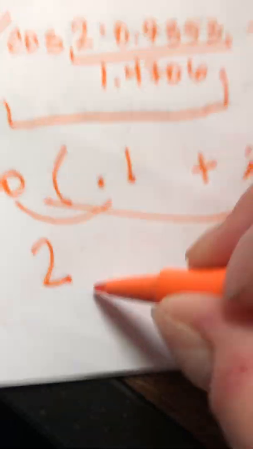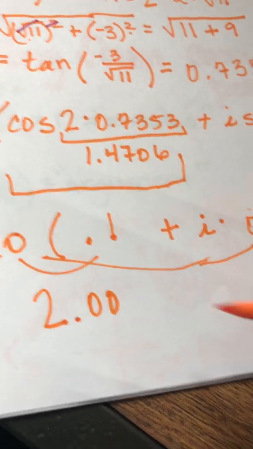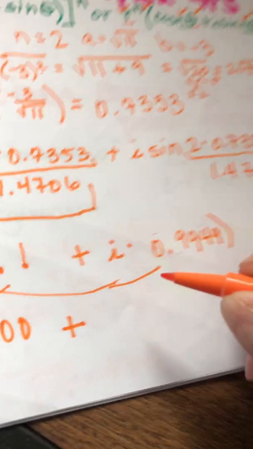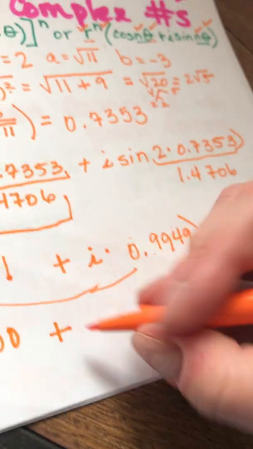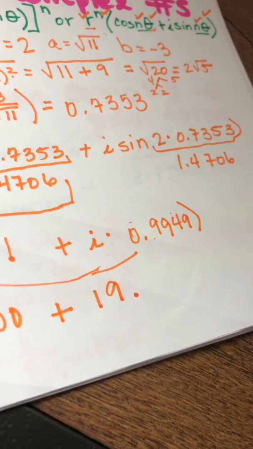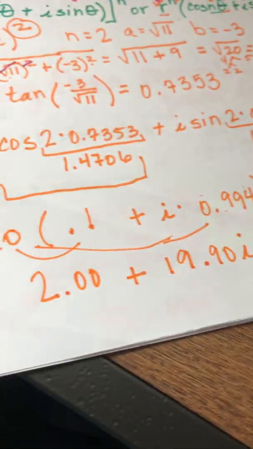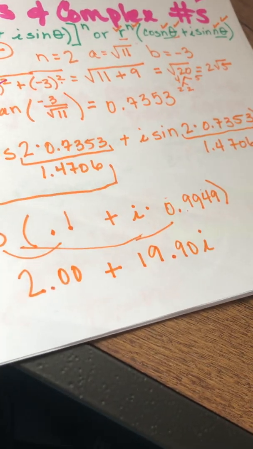So I'm gonna go ahead on this 2, put a 0.00, and then I'm gonna put plus 20 times this decimal was 19.9 to 2 decimal places. Instead of 898, I'm gonna put 90i. And that's the answer. Woohoo!